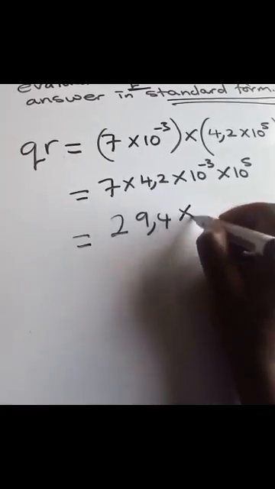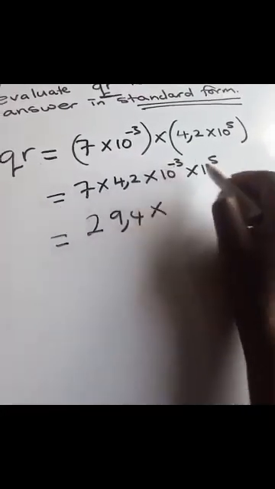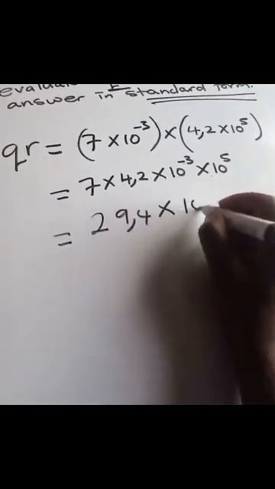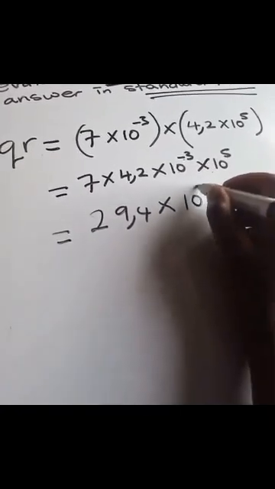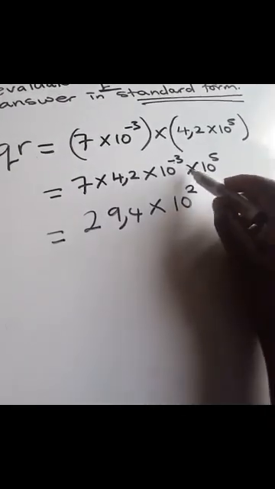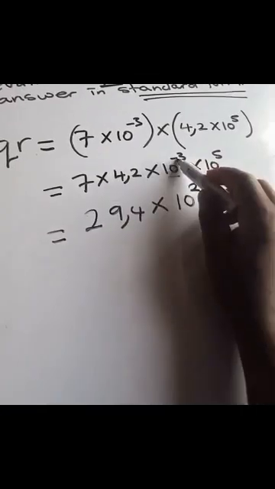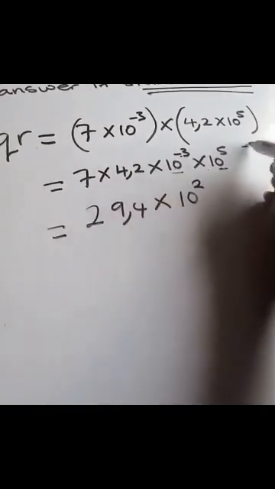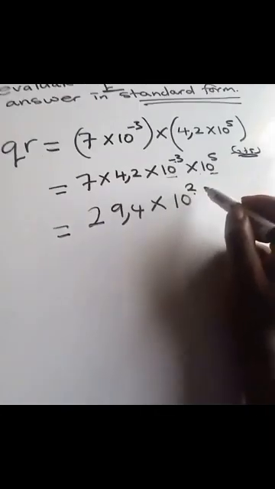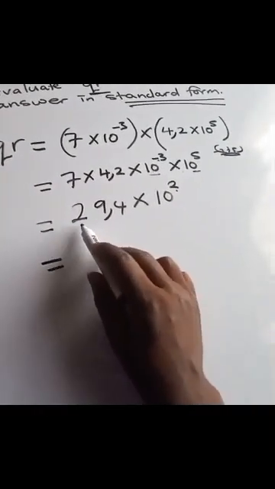Then multiply by 10 to the power of negative 3 times 10 to the power of 5, we get 10 to the power of positive 2. We are using the laws of indices, which means when we are multiplying numbers with the same base, you add the powers. So we say minus 3 plus 5. That's where we get positive 2. So this is the number that we get.